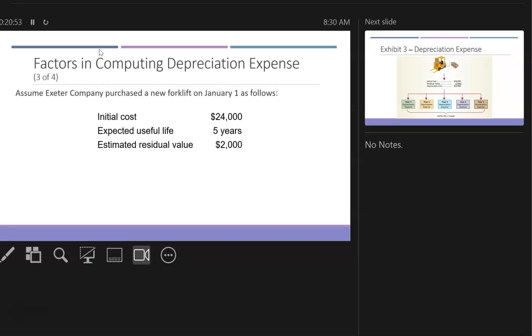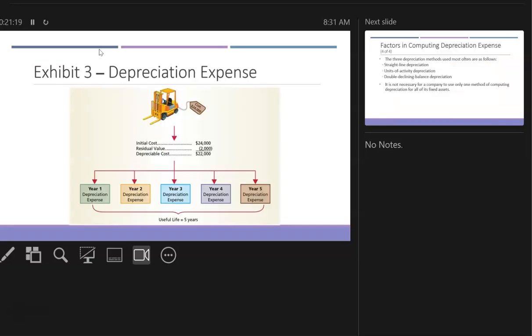Here we've got a company, Exeter, that purchases a forklift on January 1st. They paid $24,000 for the forklift. They think once they're done with their use of the forklift, it's going to be worth about $2,000. And they figure its useful life for the company is 5 years. So the way in which this forklift gets depreciated is you take the initial cost minus the residual value.